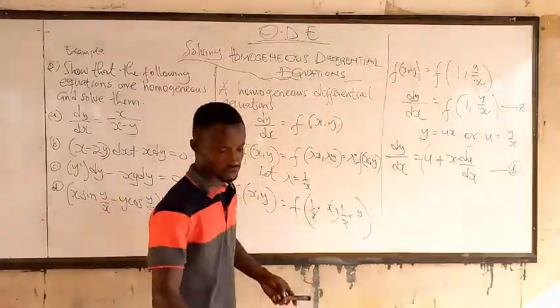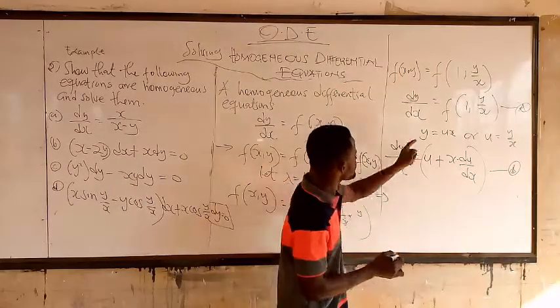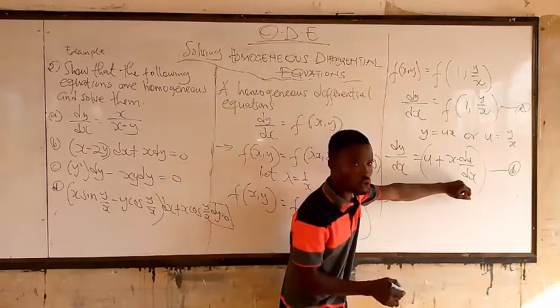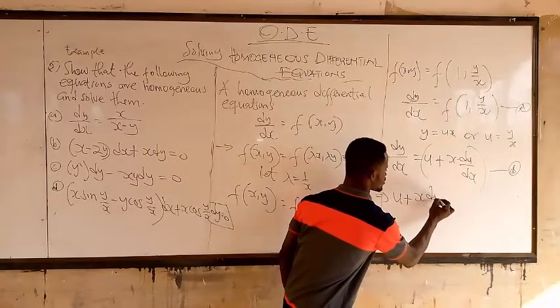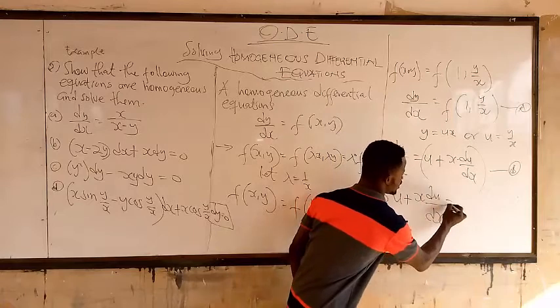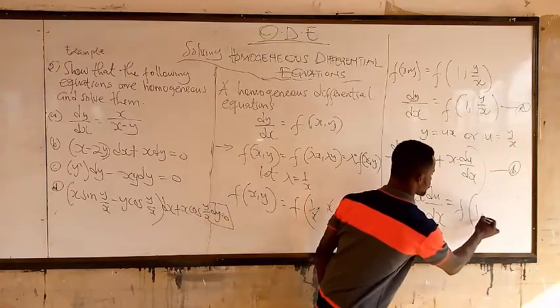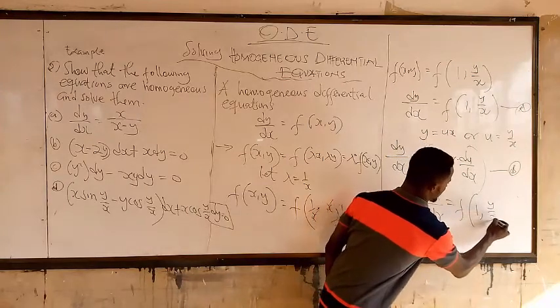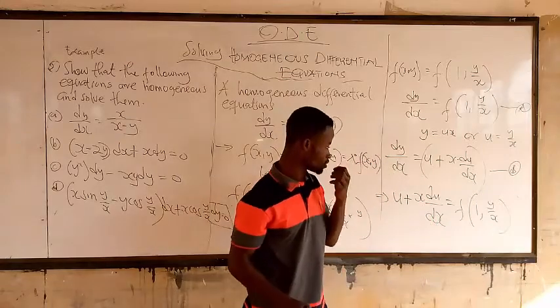So by substitution, whenever we see dy/dx here, we put the whole of this there. So u plus x du/dx is now going to be equal to the right hand side, which is f of 1 comma y over x.